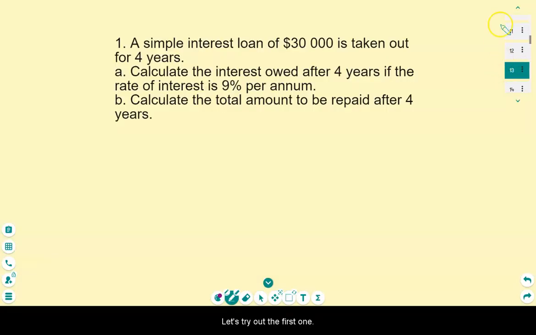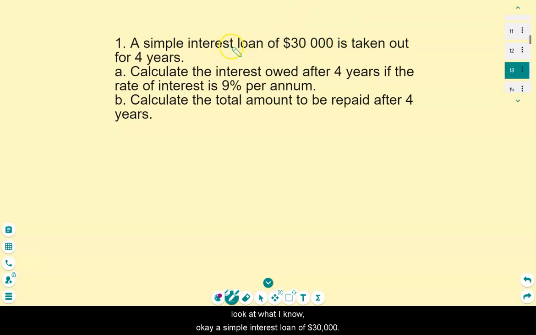So let's try out the first one. We can always refer back to slide 12, but let's give it a go. A simple interest loan of $30,000 is taken out for 4 years. Calculate the interest owed after 4 years if the rate of interest is 9% per year per annum. First of all, I am going to look at what I know.